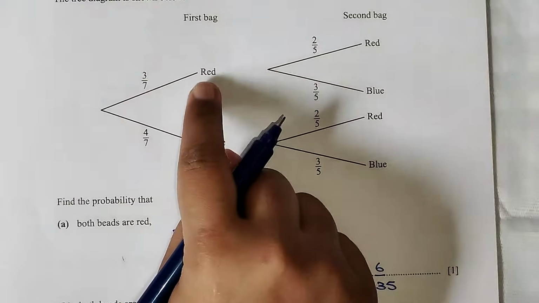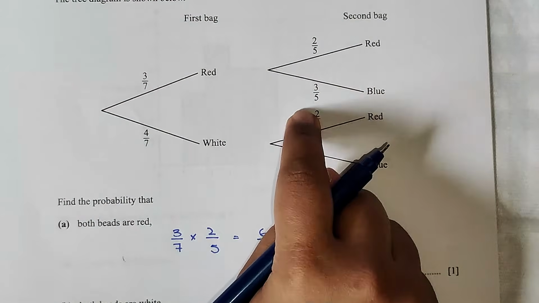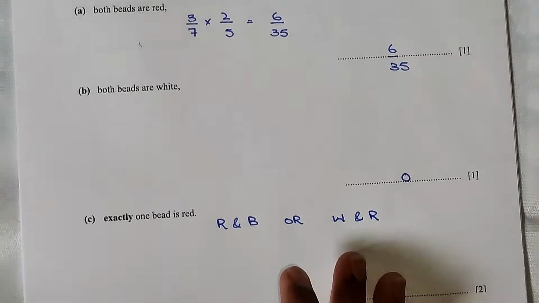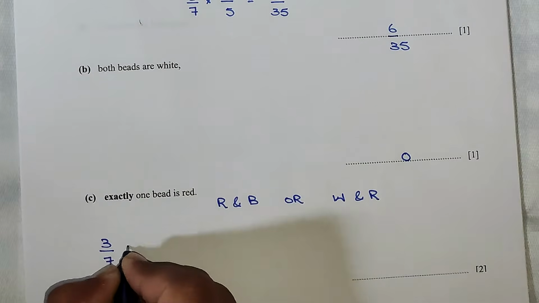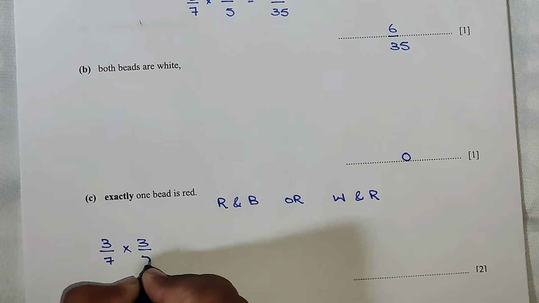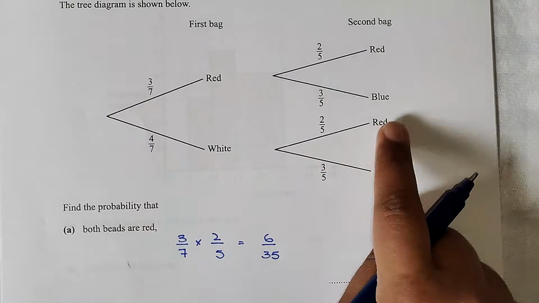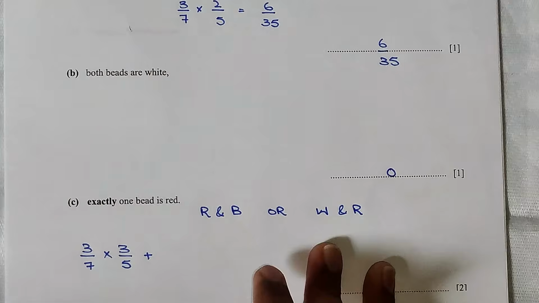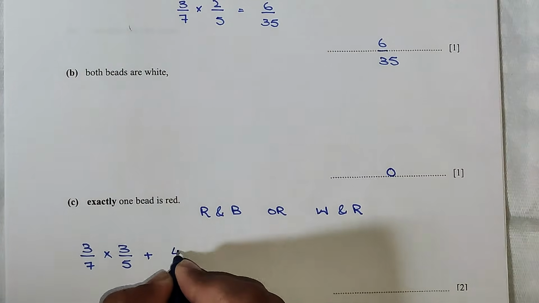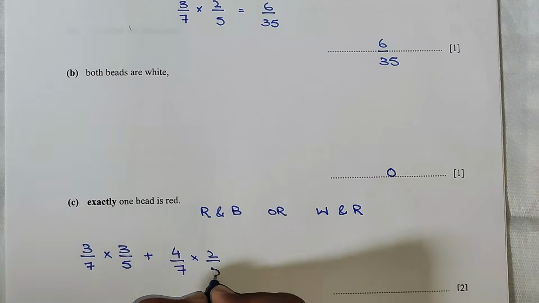So we have red and blue, 3 out of 7 and 3 out of 5. So 3 by 7 times 3 by 5, plus white and red, 4 by 7 times 2 by 5.